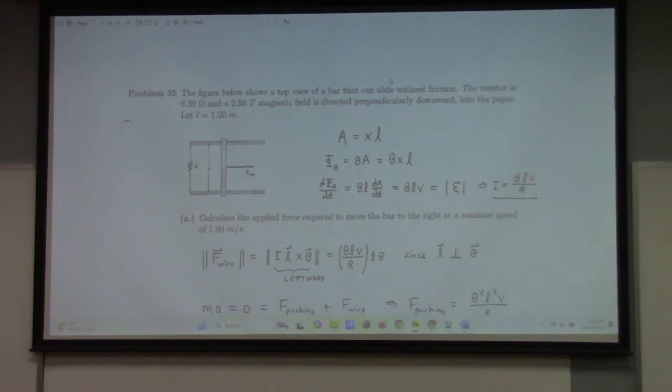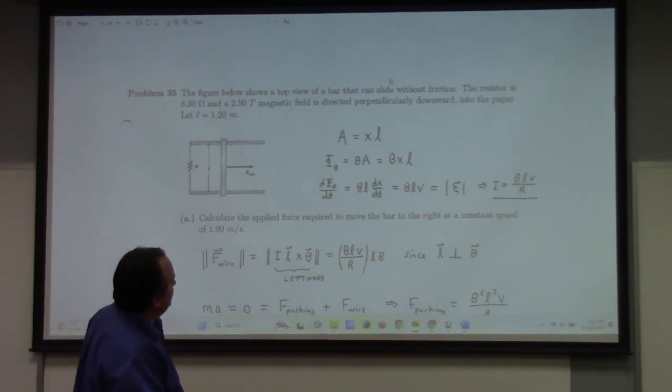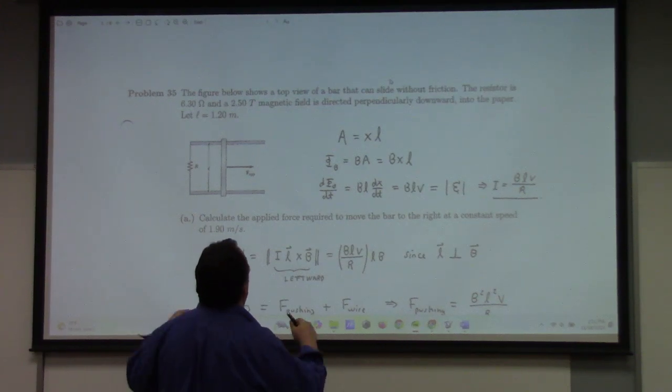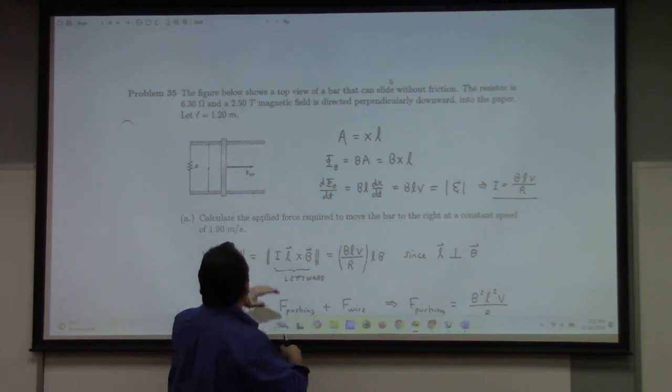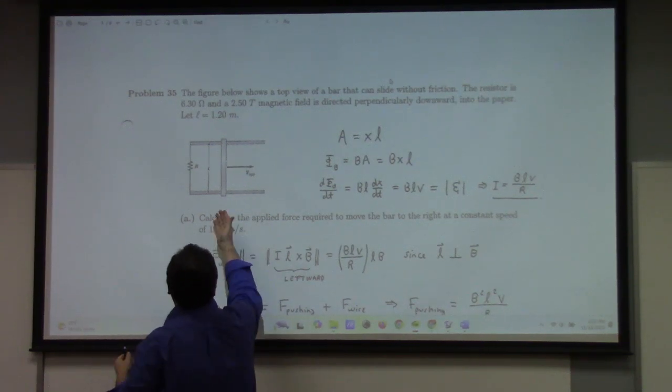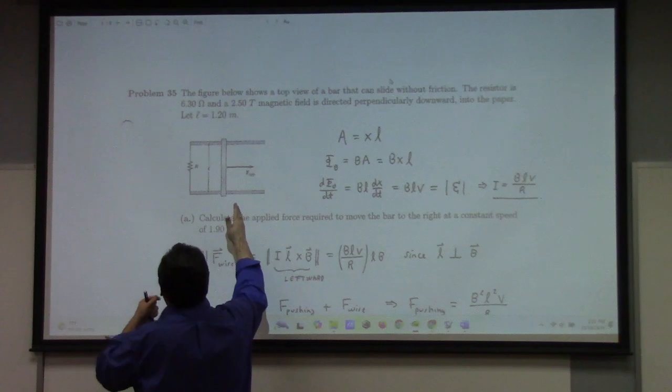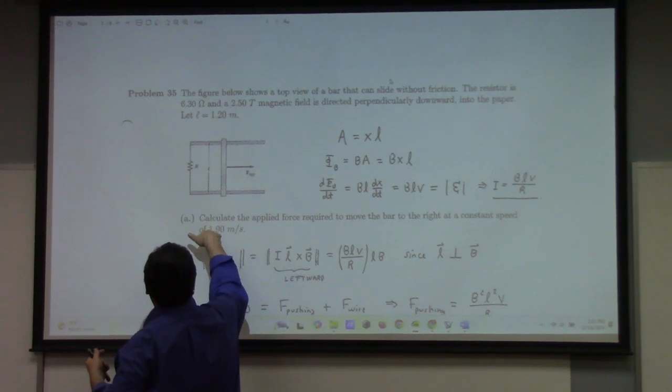This is the usual sliding bar problem. You've got a magnetic field of 2.5 Tesla perpendicularly downward into the paper. So as this slides that way, you're increasing the flux into the page, right?